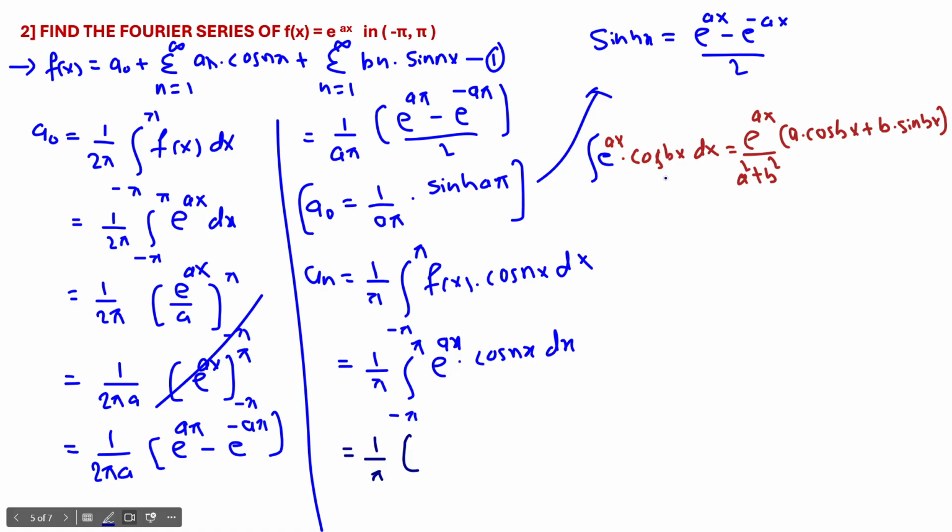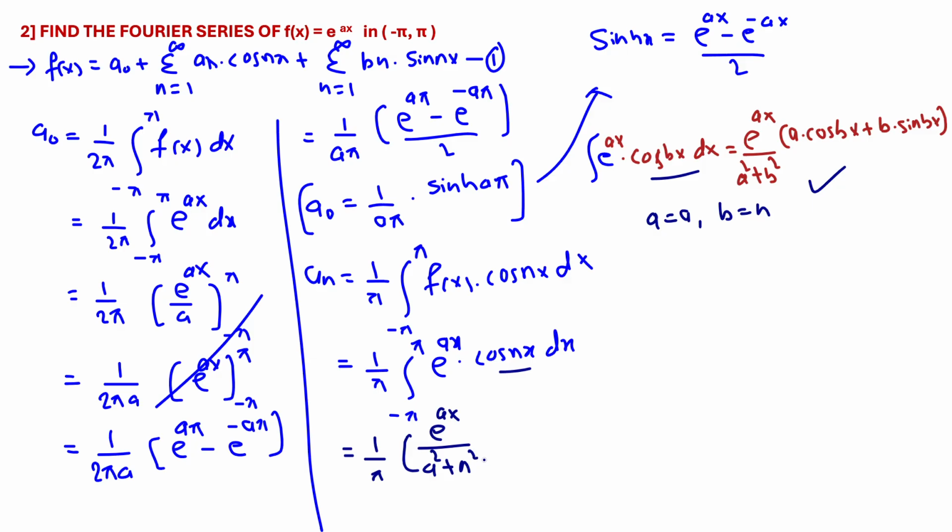Both the exponential terms are the same, but in the formula we have cos bx and here we have cos nx. So you put a equal to a, same term, but put b equal to n in this formula. So you will get e raised to ax upon a square plus n square, in bracket a cos nx plus n sin nx, and limits minus pi to pi.